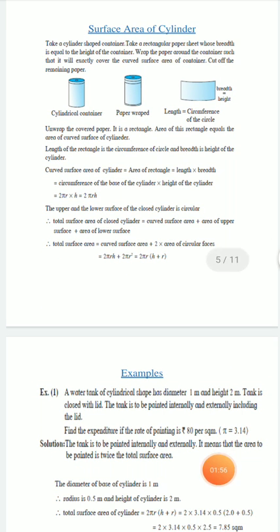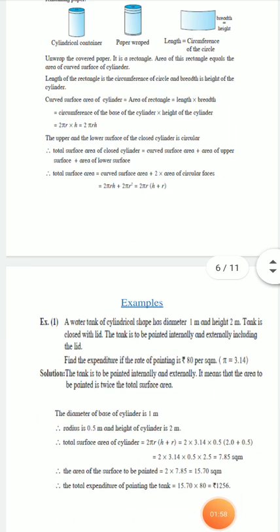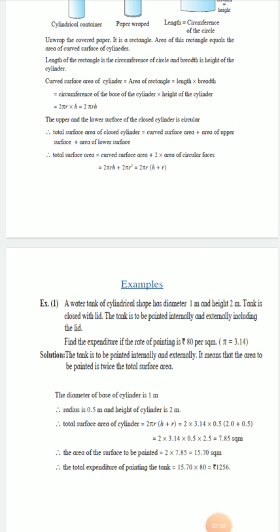So let's start with the first numerical. A water tank of cylindrical shape has diameter 1 meter and height 2 meter. The tank is closed with a lid.